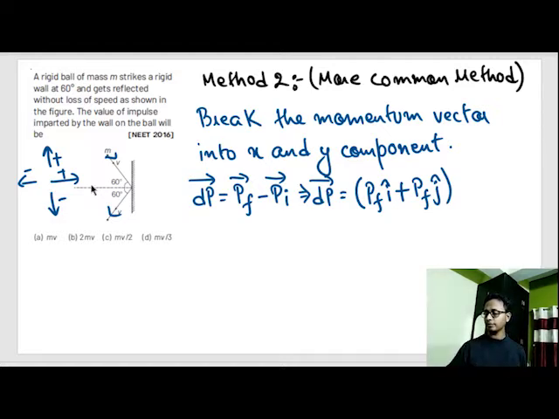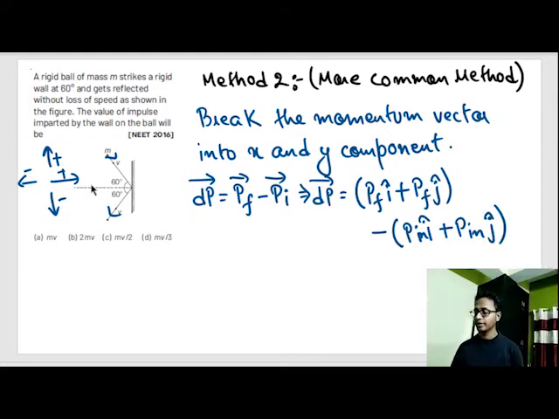So P final is given as component of final momentum in x-axis plus component of final momentum in y-axis, minus P initial, which can be given as component of initial momentum in x-axis, this i is for initial, plus component of initial momentum in y-axis. Now look at this diagram.